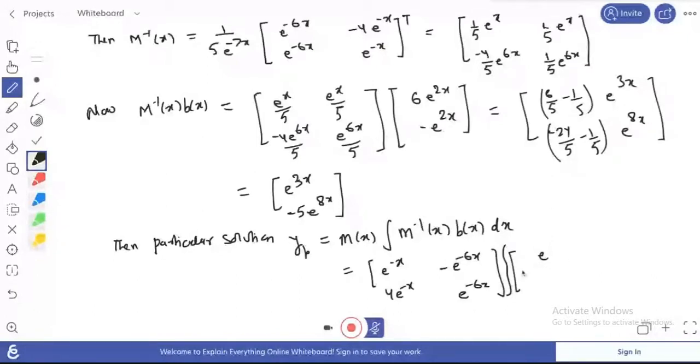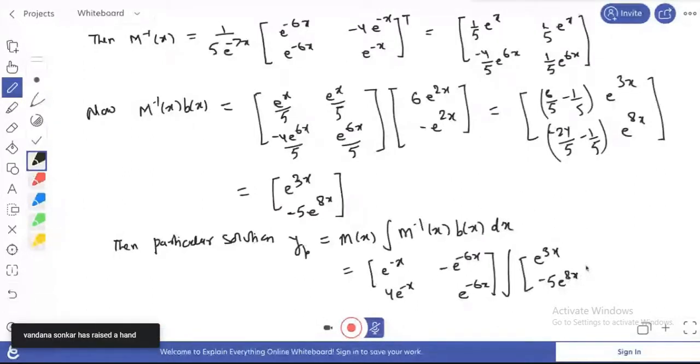Now we integrate this integral, e to the power 3x minus 5 e to the power 8x, dx. If you integrate this, it becomes e to the power 3x by 3, and here minus 5 by 8 e to the power 8x.